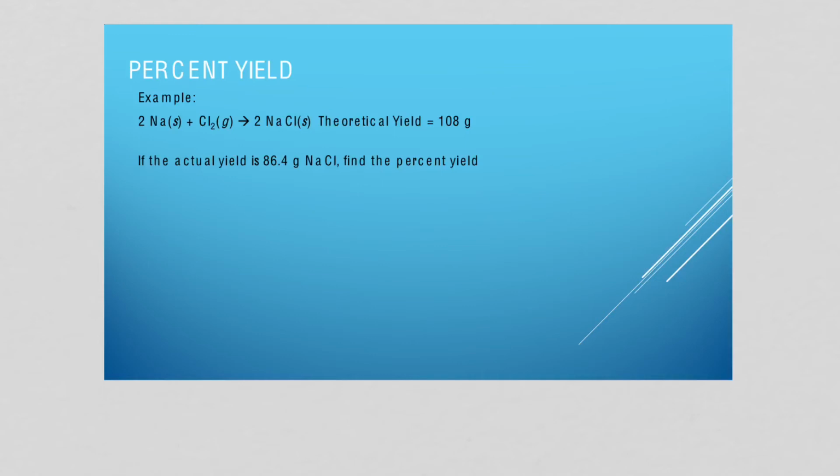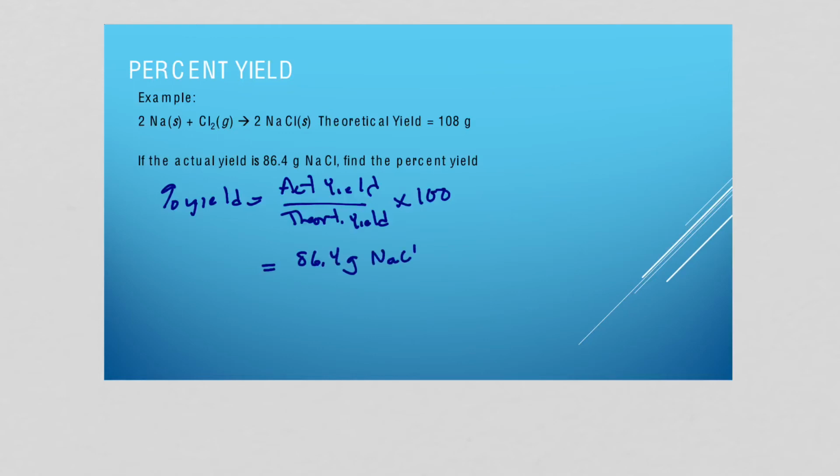Well, I know that my percent yield equals my actual yield divided by my theoretical yield times 100. So I have 86.4 grams of sodium chloride divided by 108 grams of sodium chloride times 100.